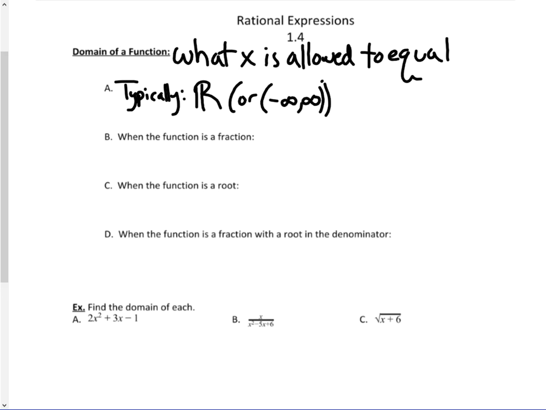All right, so there are some cases though where our domain is restricted, and we're going to talk about two of those today. I'll put this in red. But there are two cases where domain is restricted.